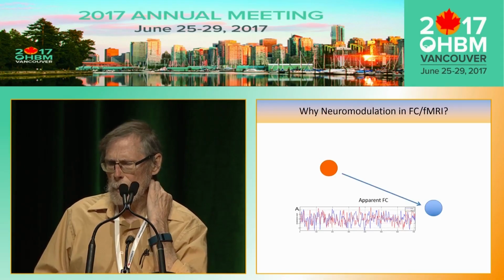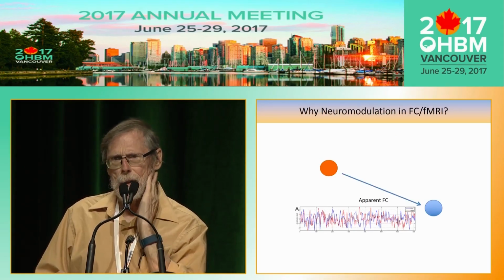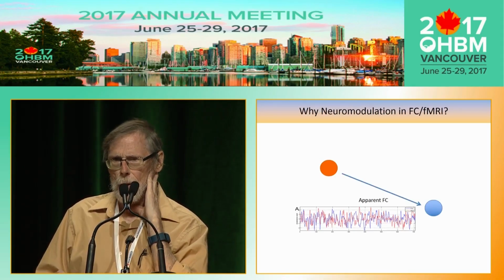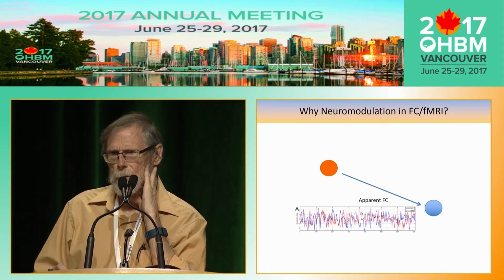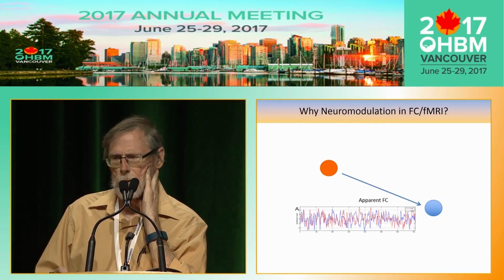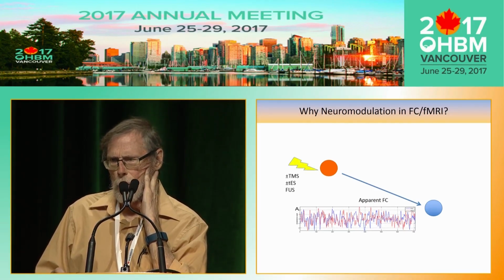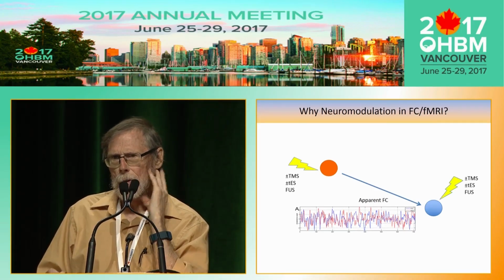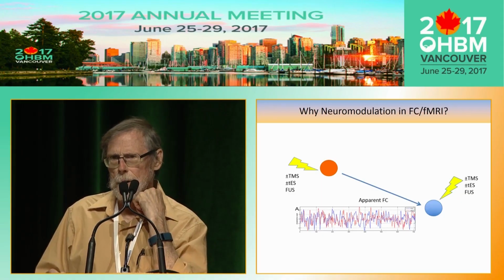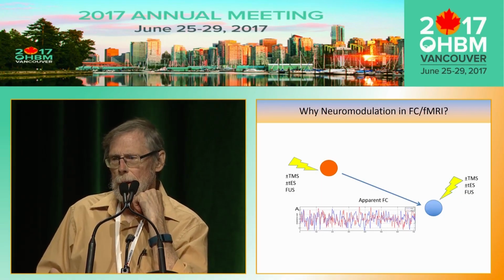Suppose that you have a couple of objects in a brain that appear to be correlated with each other because their fluctuations look like each other and have some correlation. If you're interested in testing whether that's true or not, you could zap one or the other and look for changes in that correlation, and that might tell you something about the connection between them.